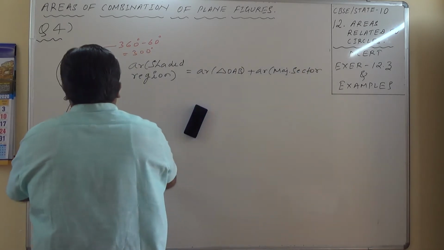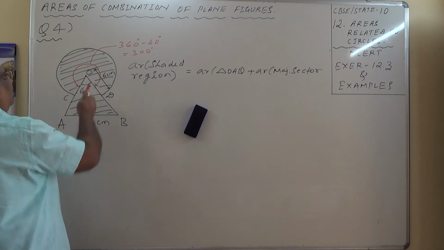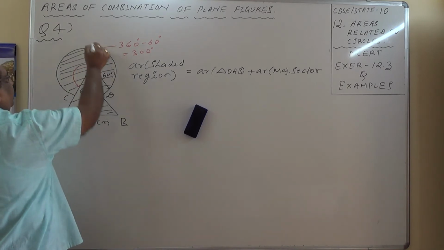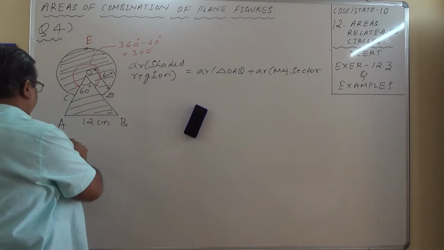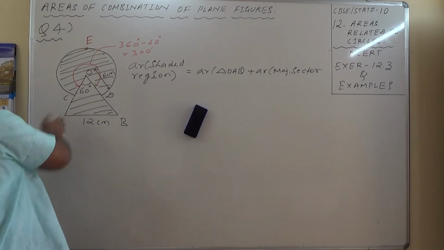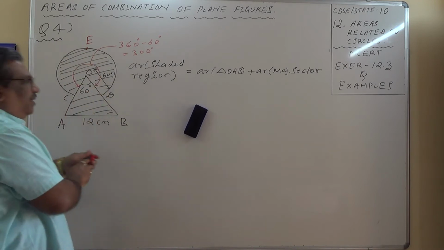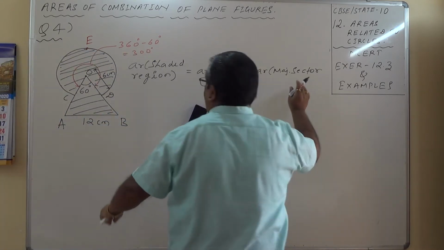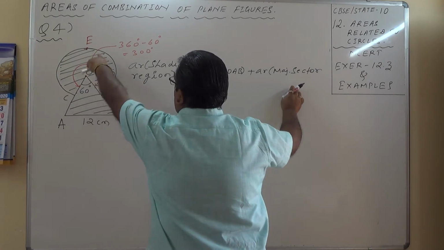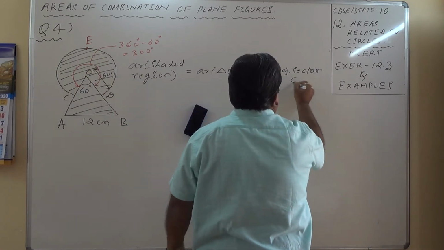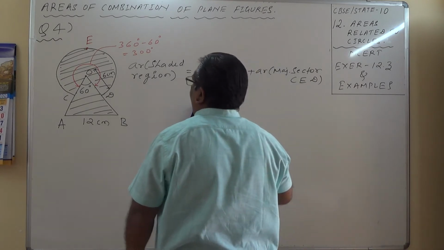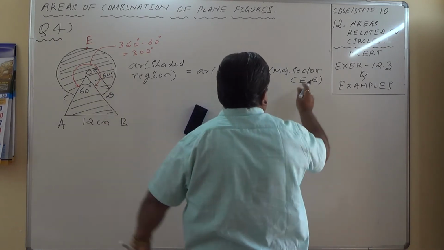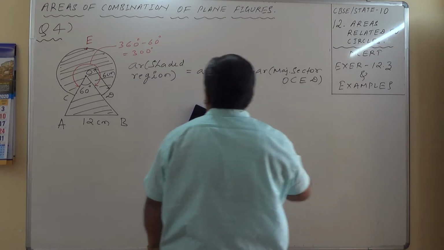In order to name that, I will pick up one more point here. This is E. So OCED is a major sector. I can write simply CED also, or OCED, that is preferable.